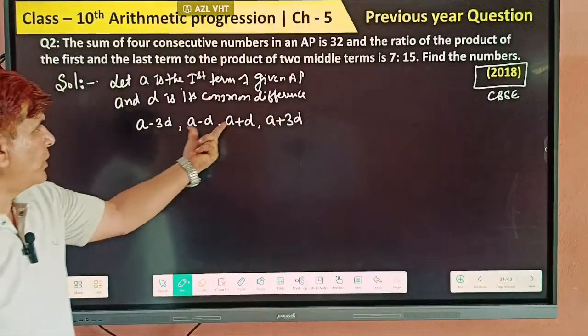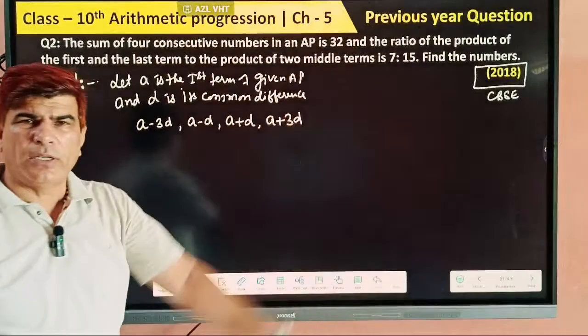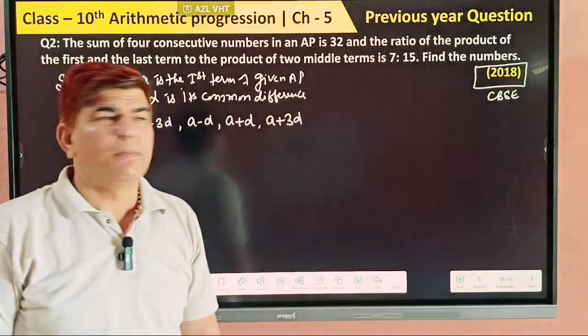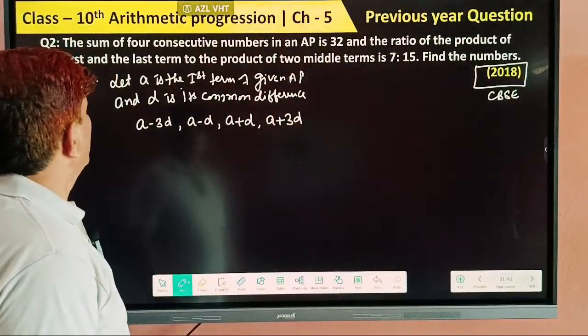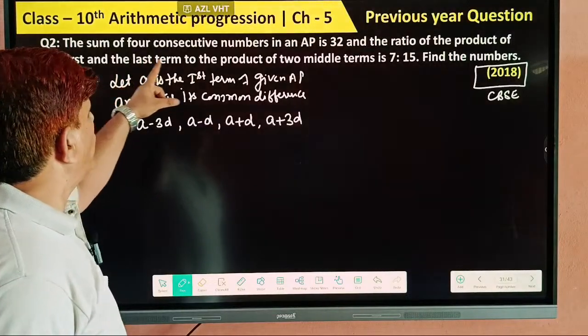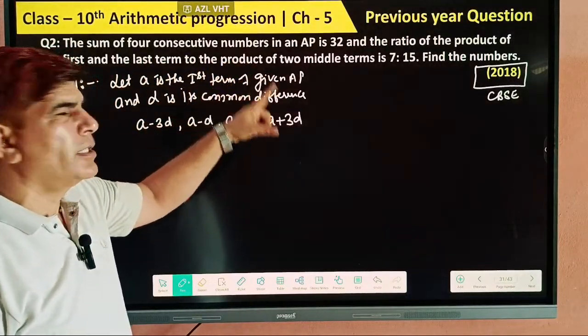Their common difference must be the same. And the sum of 4 consecutive terms in an AP is 32.